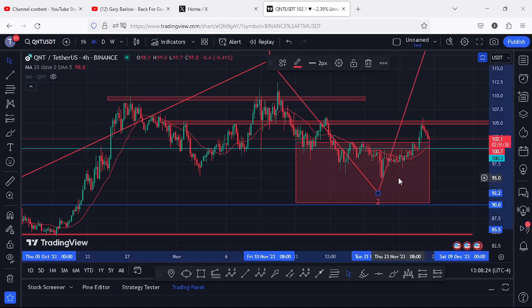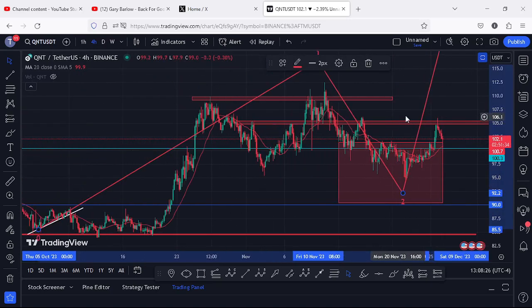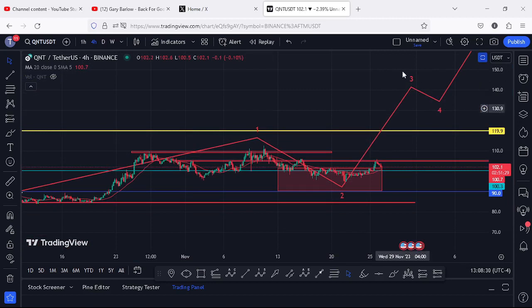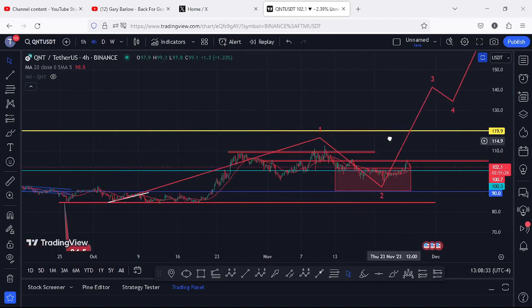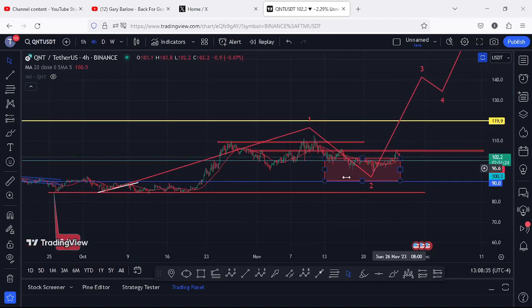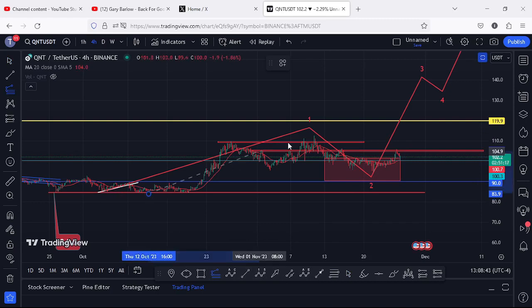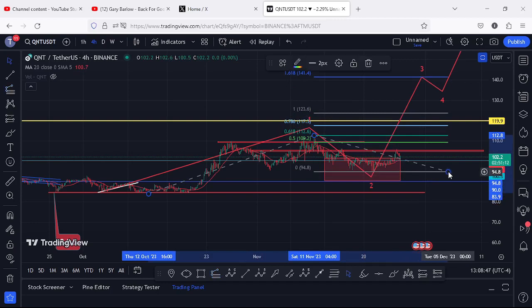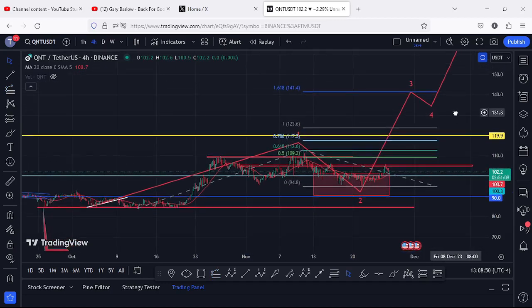As long as we continue holding above significant areas of support, we can get that impulse to the upper side in the formation of this wave 3, whose minimum target areas, assuming that we have a low in place for the second wave, can be given by connecting the trend-based Fibonacci from the low of the first wave to the high of that wave 1, then dragging the fibs to the low of the second wave, giving me a minimum target area for the third wave at the fib level 1.618, and that is above the $141.4 mark.